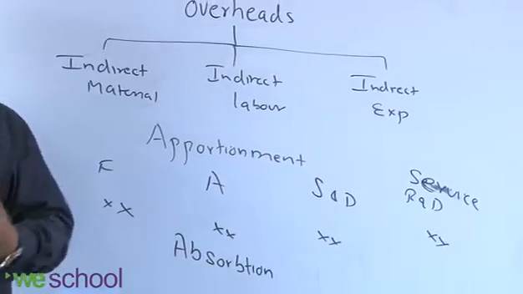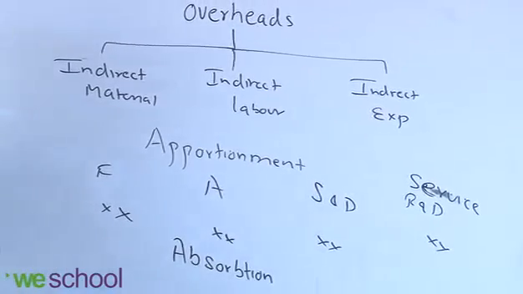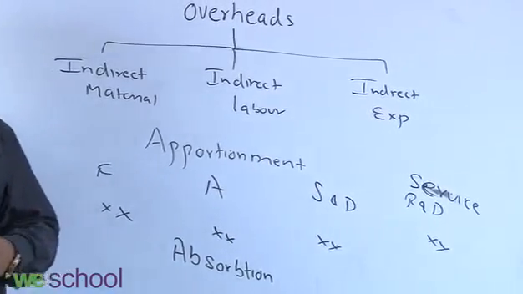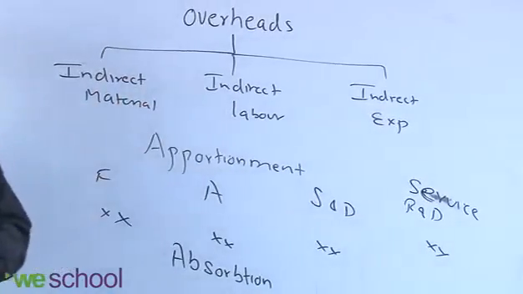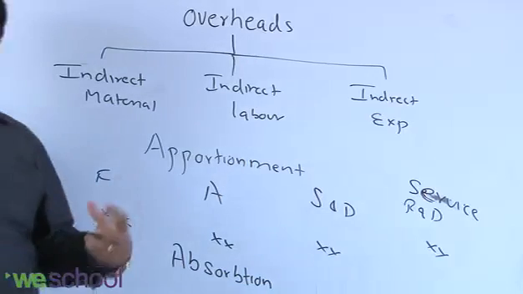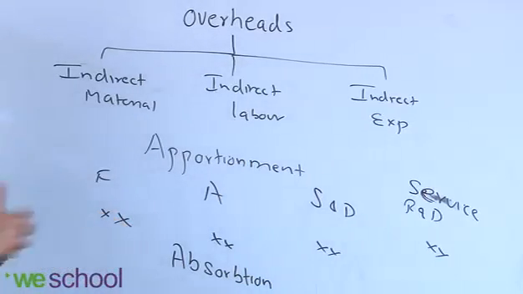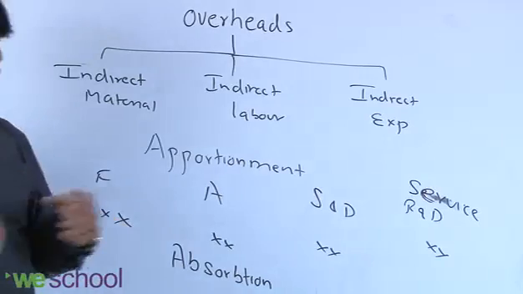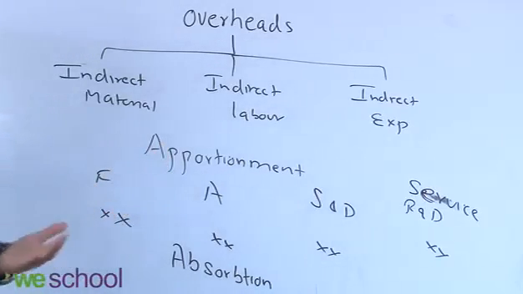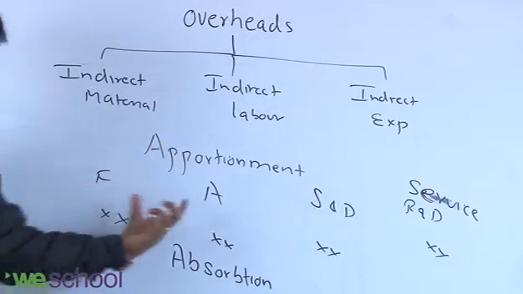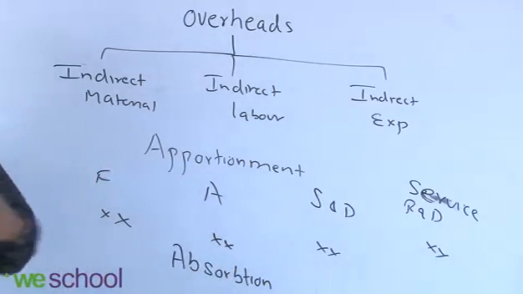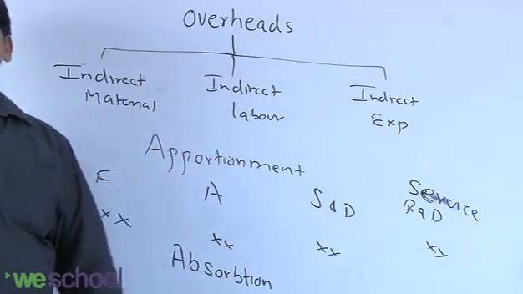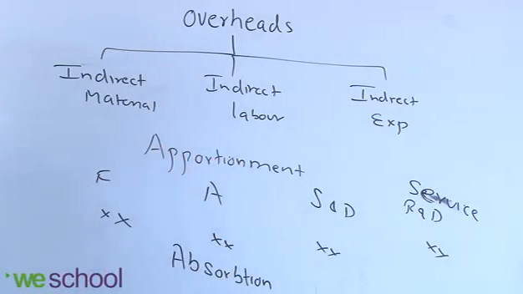The rules differ from company to company, depending upon the experience and knowledge of the cost accounting department people, and which method is useful for the company and will help us to absorb this expense more or less appropriately to each and every product. So for absorption there are various methods that we are going to study.